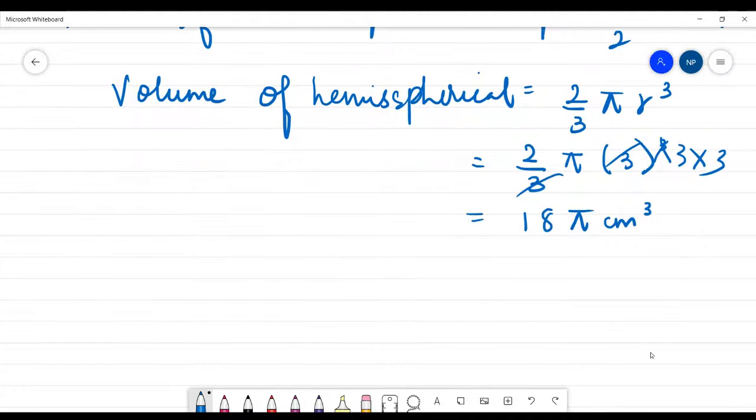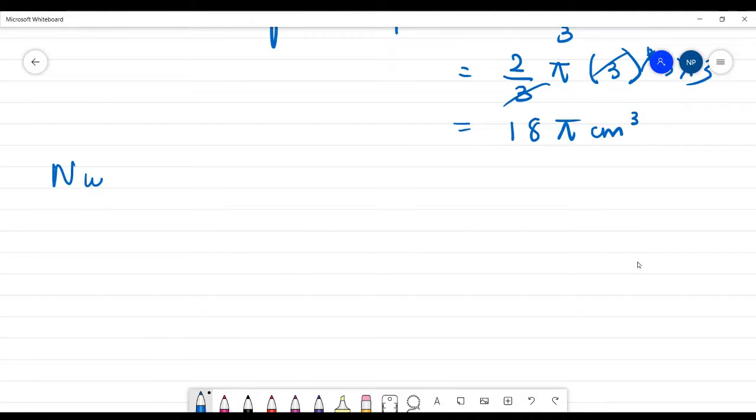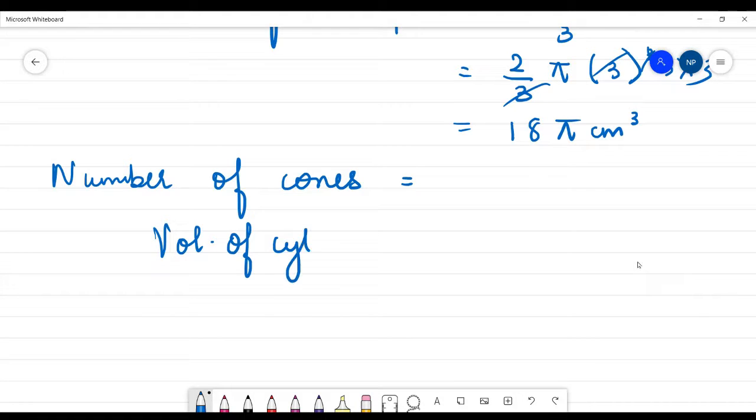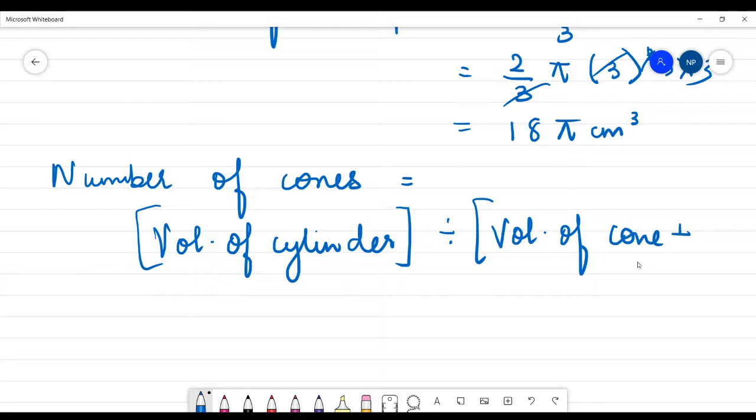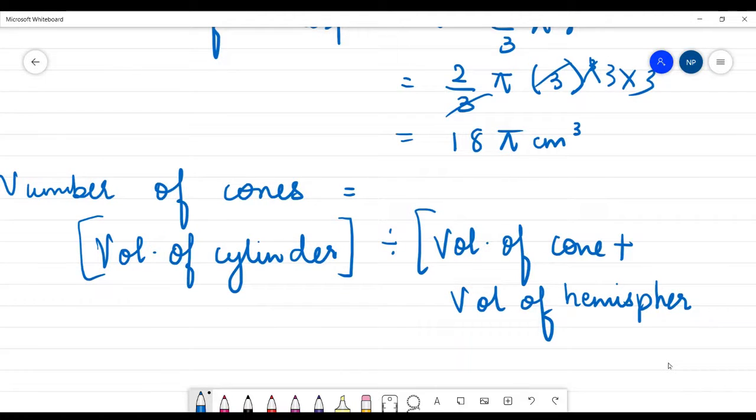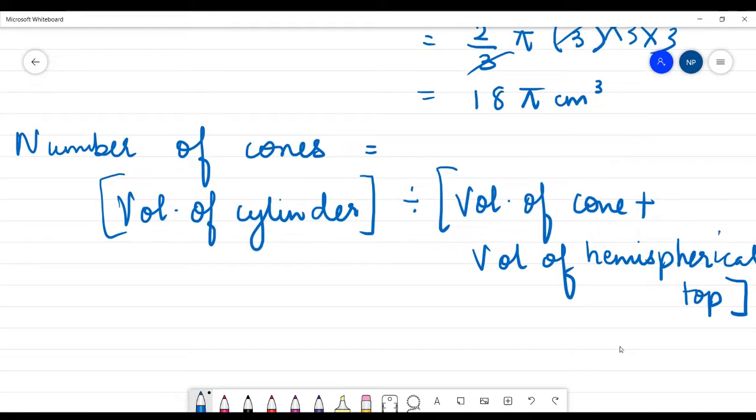So we will write, number of cones is equal to volume of cylinder divided by the volume of cone plus volume of hemispherical top. So let us write down the equation. We will get volume of cylinder.